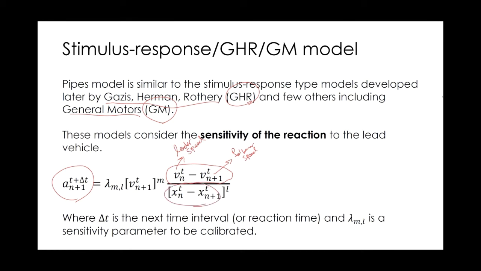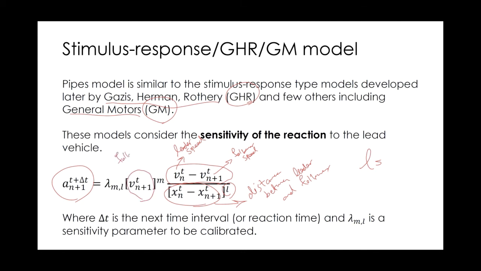And then in the denominator, what do I have? I have the distance between the follower and the leader. So this represents the distance between leader and follower. There is a power here, power L. This L is a parameter to be defined or calibrated, okay? We also have the speed of the follower here at time t.